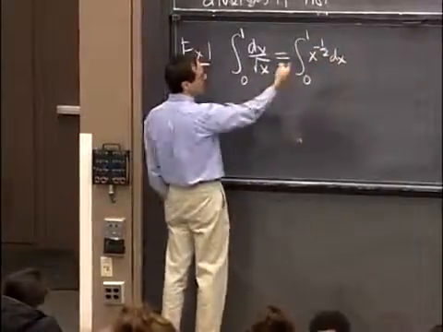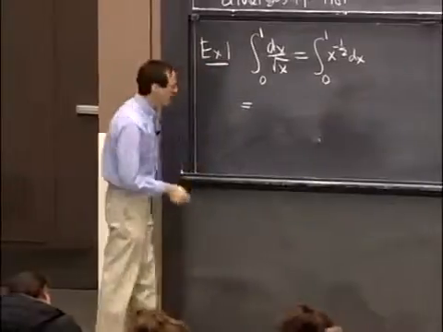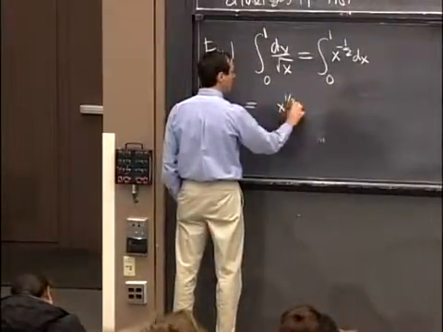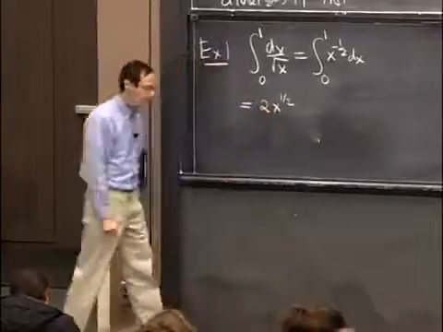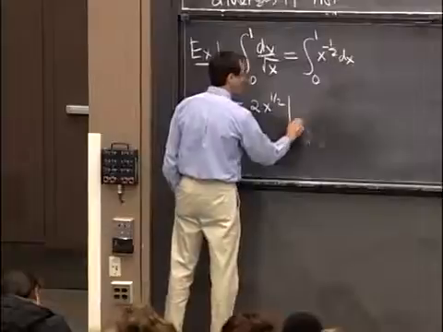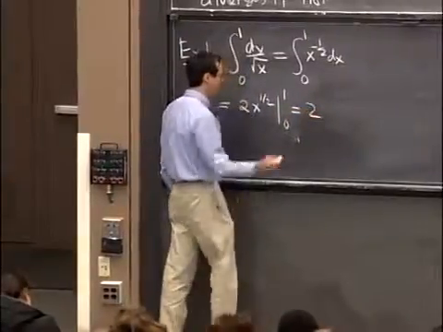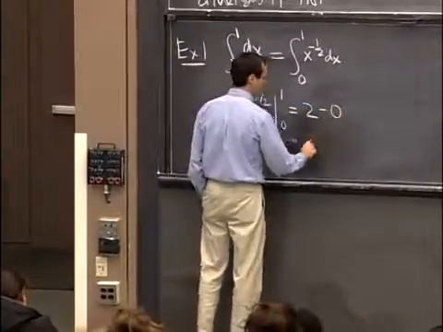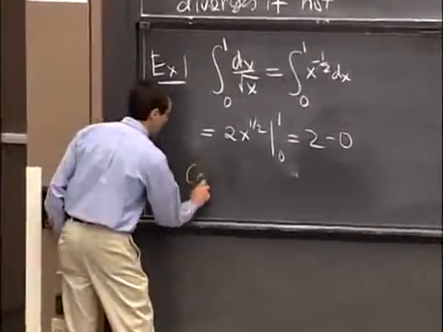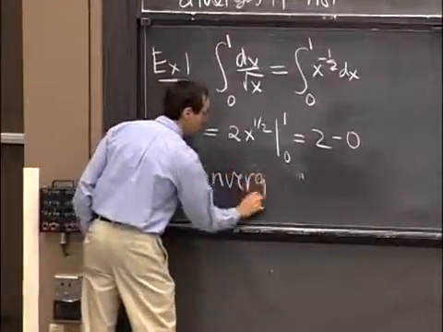And then I'm not even going to replace the 0 by an a. I'm just going to leave it as 0. The antiderivative here is x to the 1/2 times 2. And then I evaluate that at 0 and 1, and I get 2 minus 0, which is 2. All right, so this one is convergent. And not only is it convergent, but we can evaluate it.